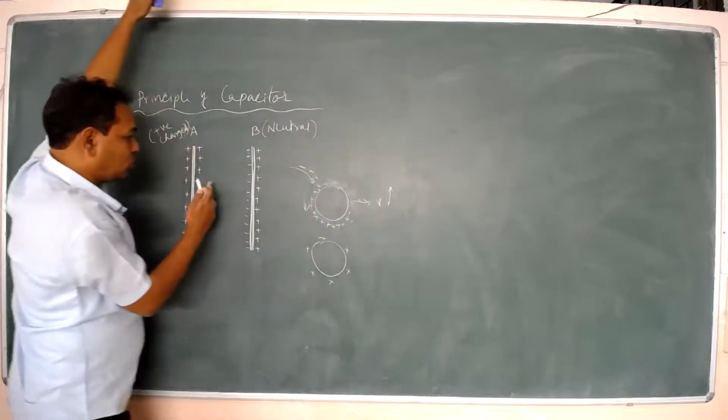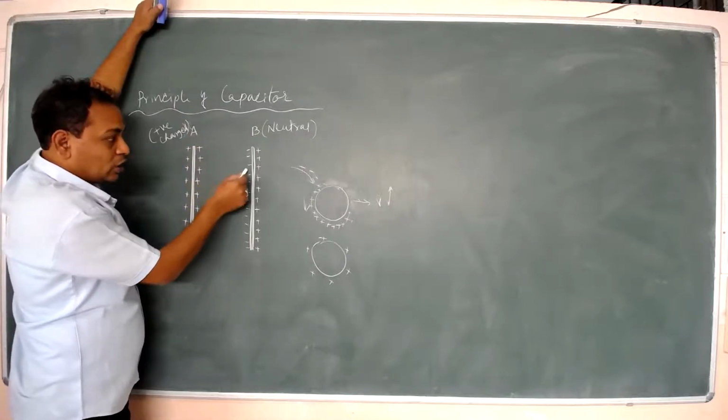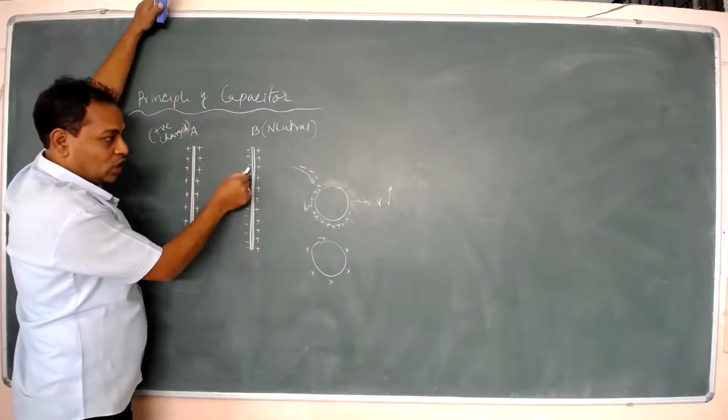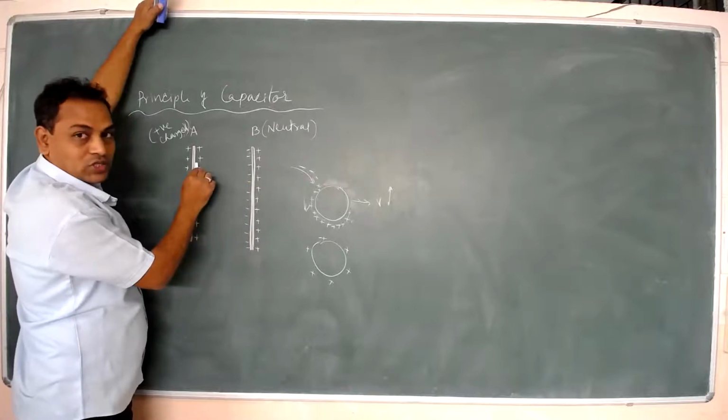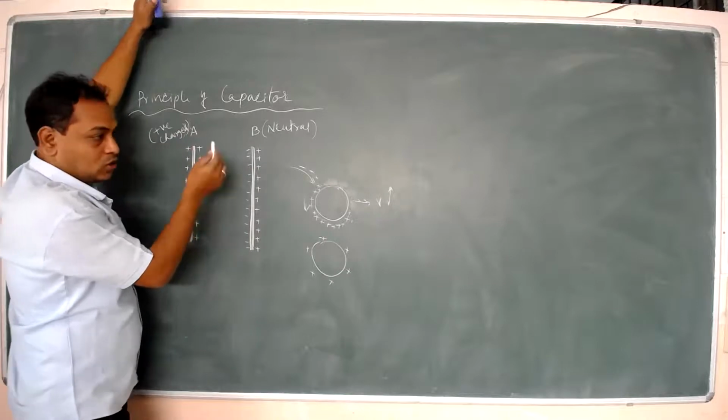So here also the potential on plate A will decrease due to this. Why? Because this is negative, it will try to decrease its potential, whereas this positive charge will try to increase its potential.